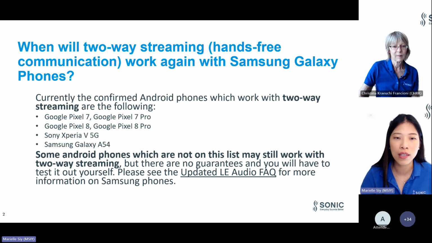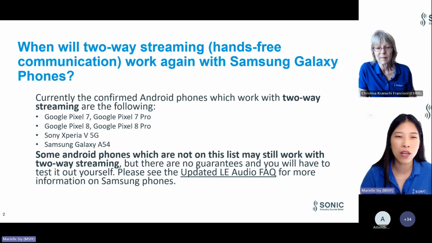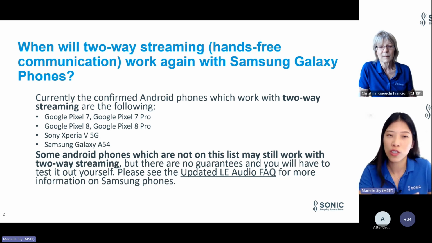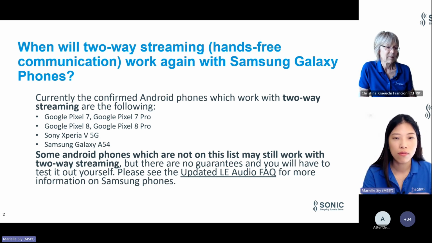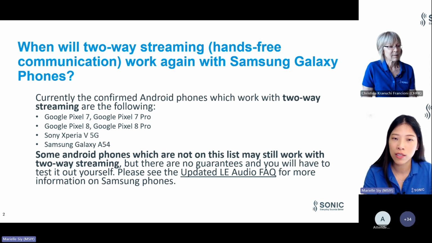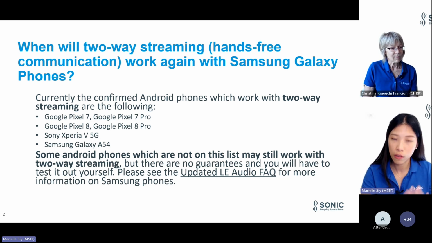The reason is because Samsung came out with a lot of updates and particularly focused on security updates. And ever since then, we've had issues with that. We're working with Samsung. But as for now, the Samsung S23 and S24 are currently not compatible with two-way streaming. It might change in the future, but for now, that's the situation.